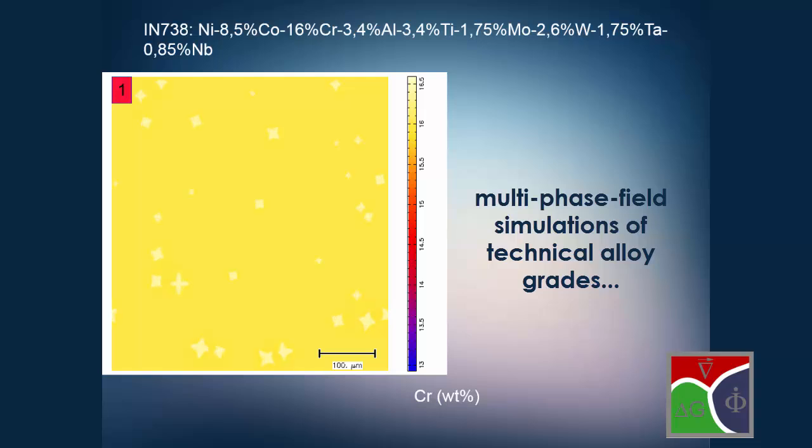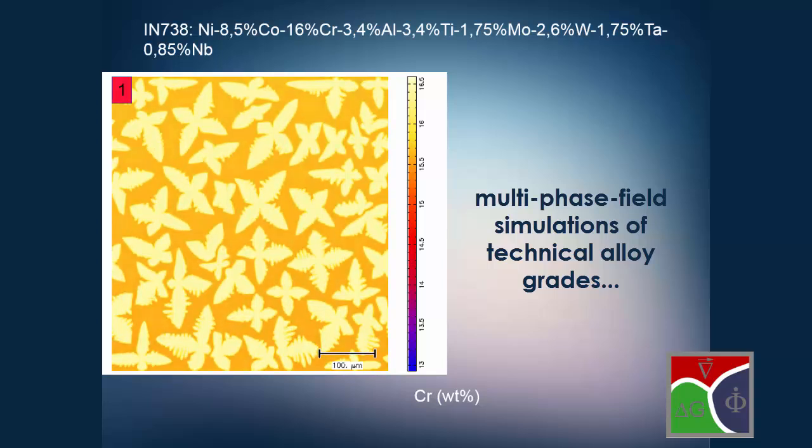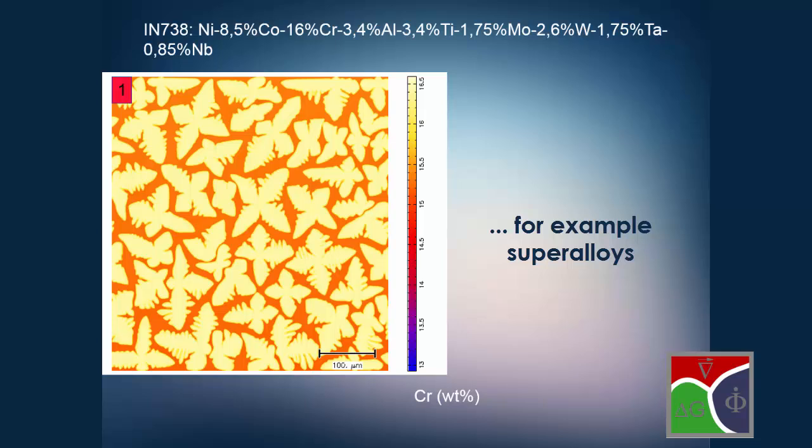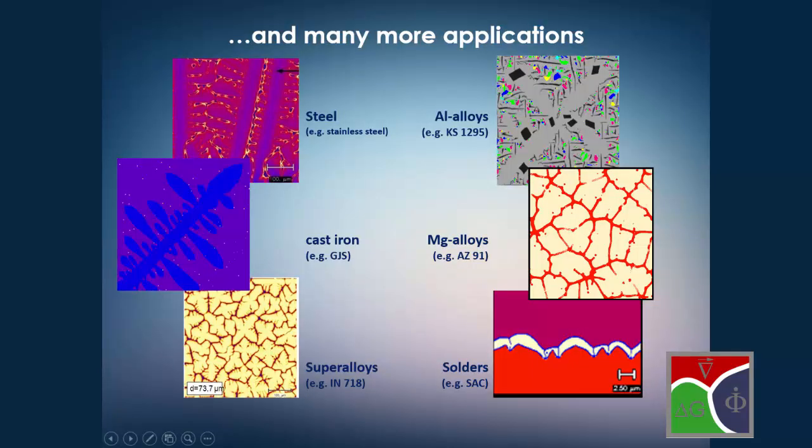Here you see the solidification of a superalloy containing nickel, cobalt, chrome, aluminum, titanium, molybdenum, tantalum and niobium. Hence, there are several phases being simulated by MICRESS. But there is a wide range of applications, such as cast iron, steel, aluminium alloys, magnesium alloys, and even solders.